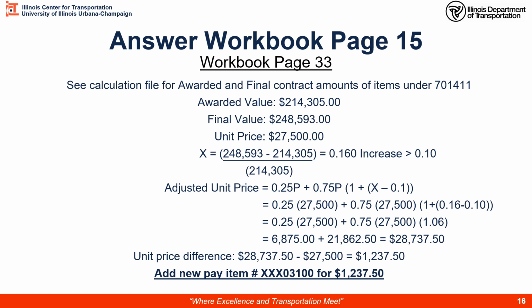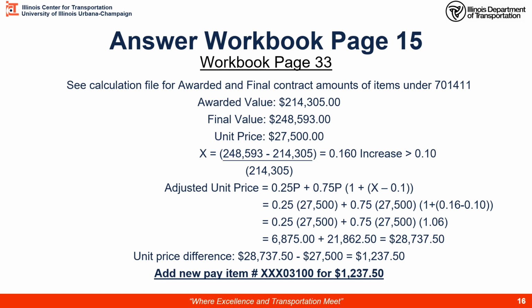Remember our 0.25 for setting up, that stays the same. Then we have the remainder 0.75 times our factor, the 0.16 minus 0.1 as in the formula, plus or minus. In this case, it's going to be a plus. So that's what's here. Let's crank all this through. We end up with $28,737.50 as compared to $727,500.